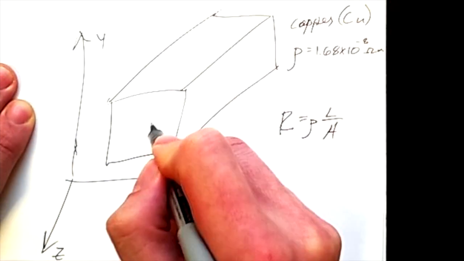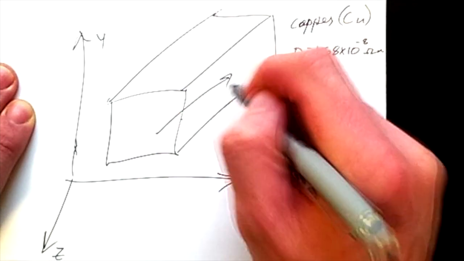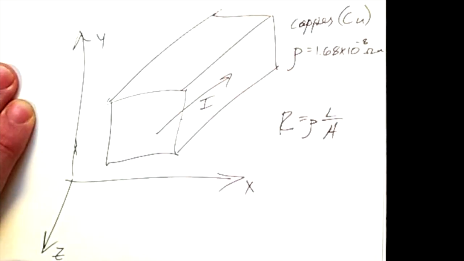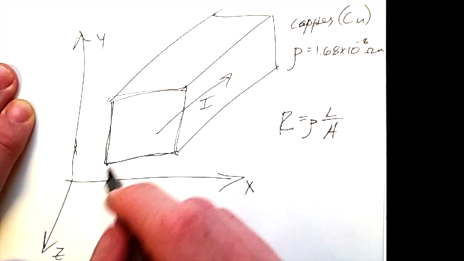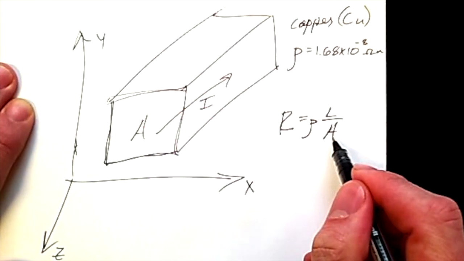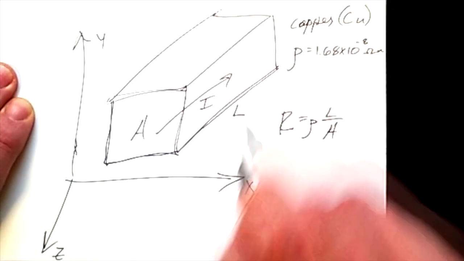Suppose that I have a current that runs the length this way along the z-axis through this solid. Then this face, which is x times y, is the cross-sectional area that will be used here. And this length, which is in the z-plane, will be the length.